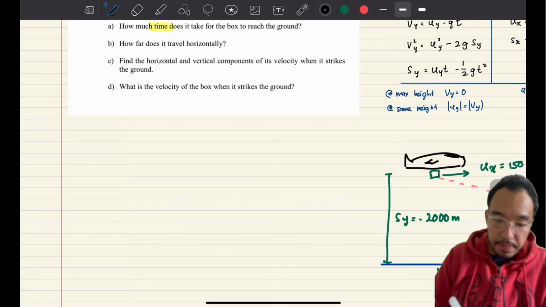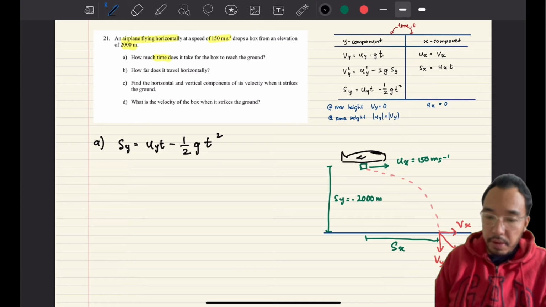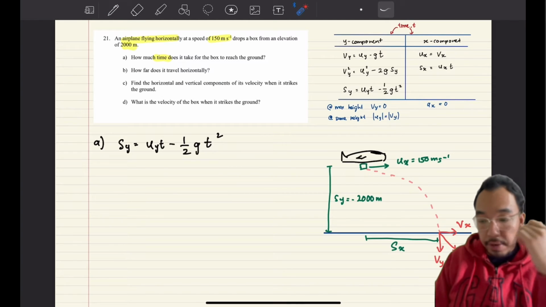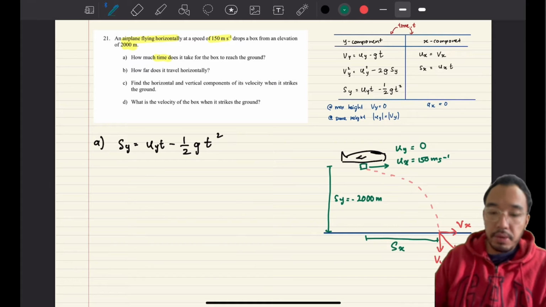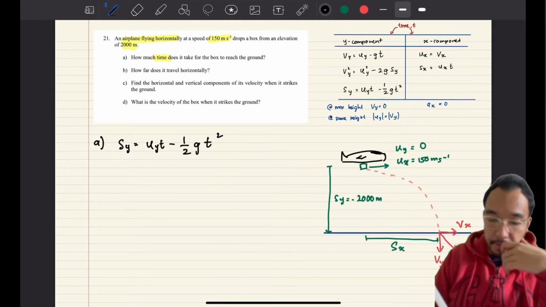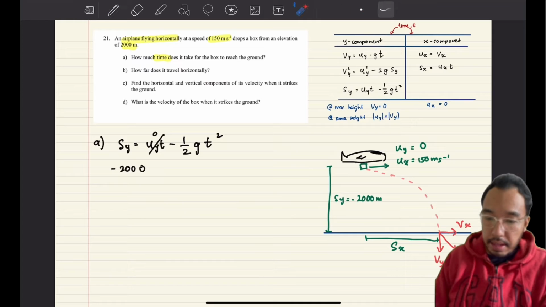So you know that sy equals uyt minus half gt squared. Since initially when the box is being released, it has a velocity of 150 meter per second to the right, that means your uy equals 0. This one is similar to the case when an object is released horizontally, so this one becomes 0. sy is negative 2000 because this is your starting height, right?